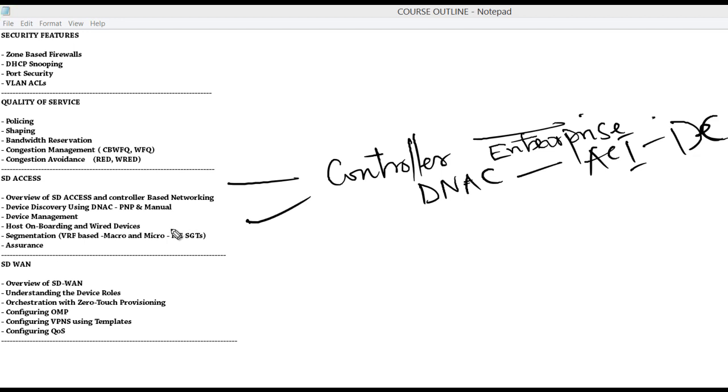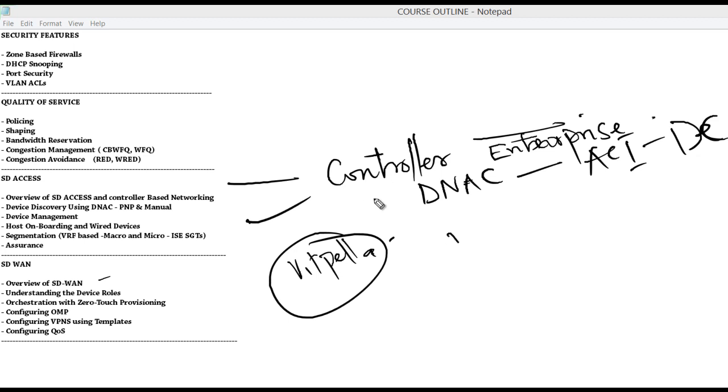Okay, now we also look at SD1. For SD1, Cisco acquired a company, I think it's Viptela, or something like that, for their SD1 stuff.